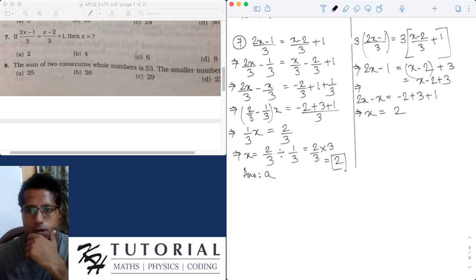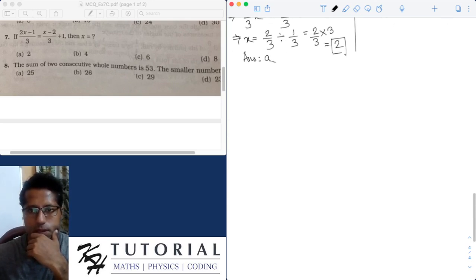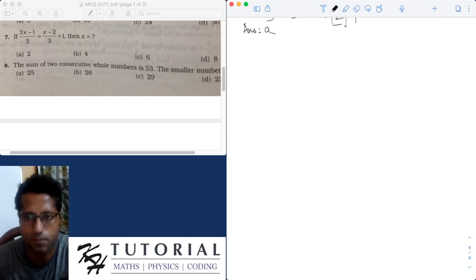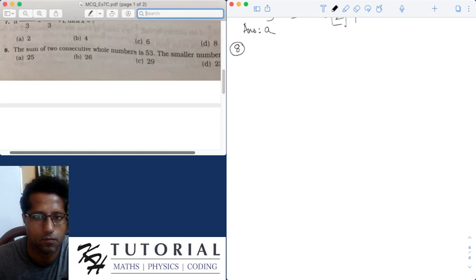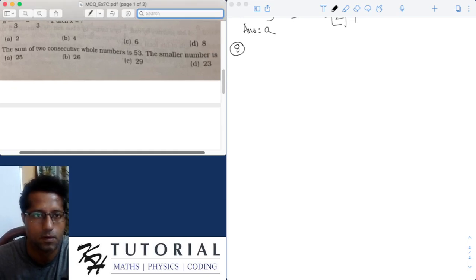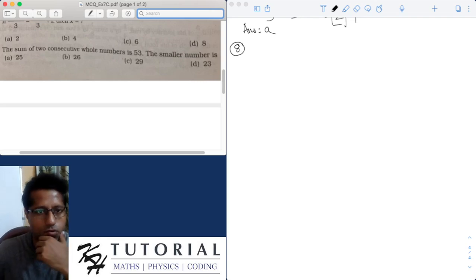Okay, let's do question number 8. This is a word problem. It says the sum of two consecutive whole numbers is 53.